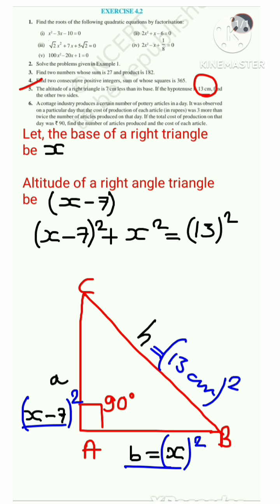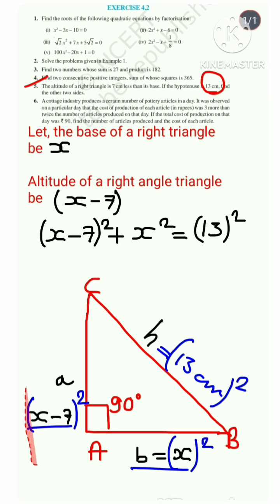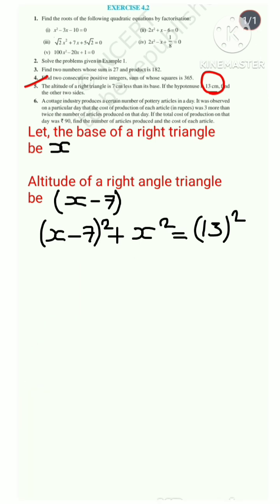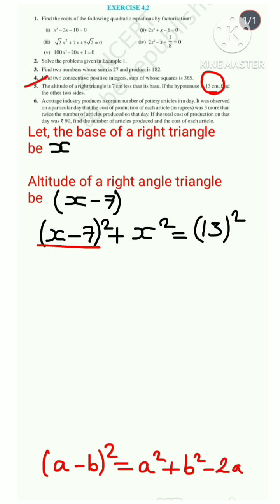Now let's simplify this. Here we have x minus 7 whole square, and as we know, it is in the form of an identity, a minus b whole square, and its expanded form will be a square plus b square minus 2ab.